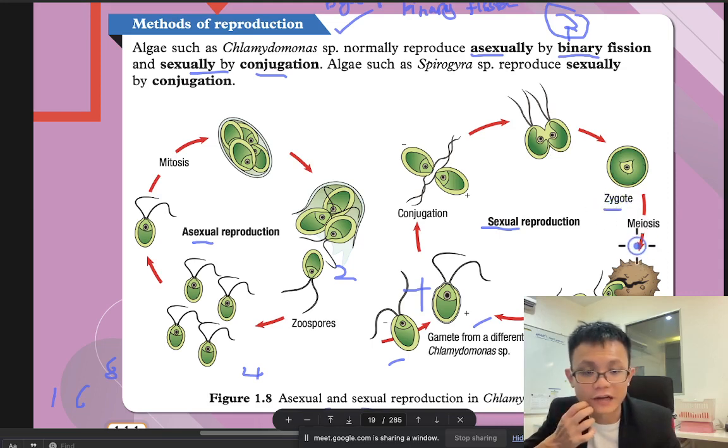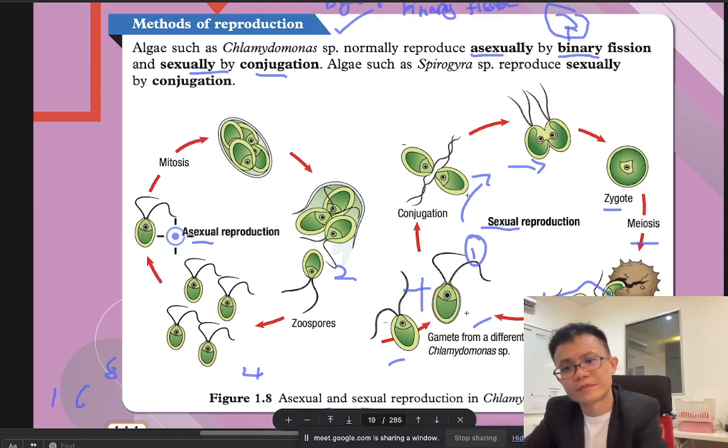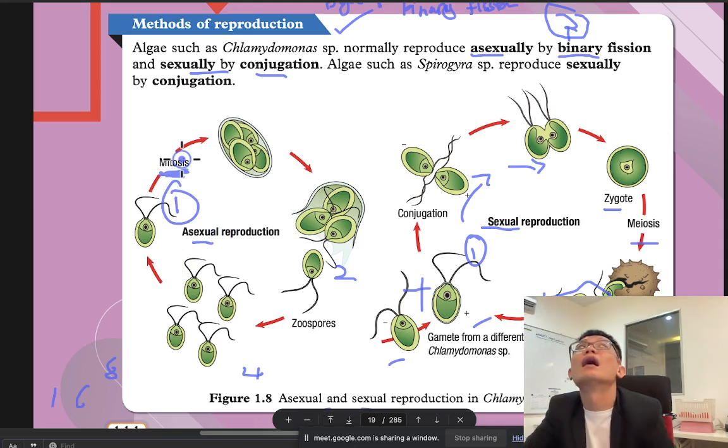After forming a zygote, they will undergo meiosis and then make many new cells. Okay, so it starts from here, then it will move. This one starts from here, 1. Okay, undergo mitosis. We are going to learn mitosis and meiosis.